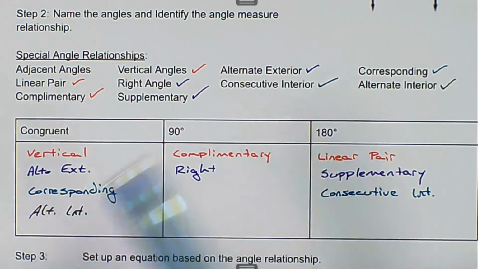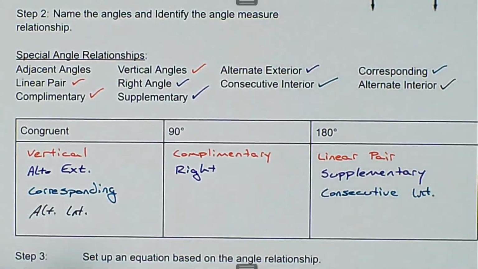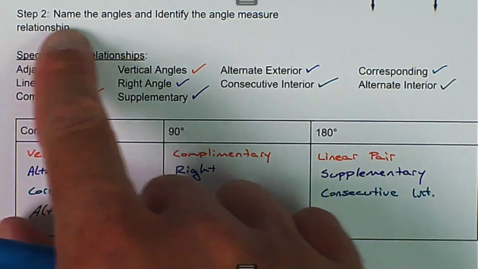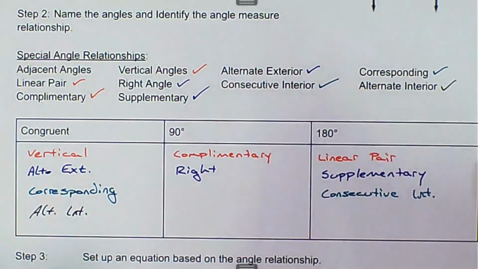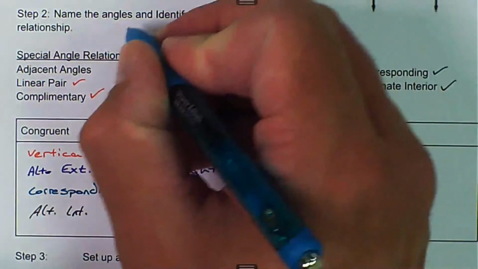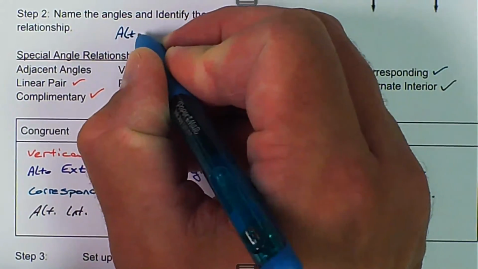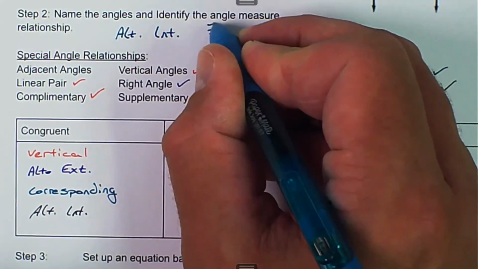So alternate interior, those are congruent. So name the angle and identify the angle measure relationship. In this case, we don't have a name for them, but we can say that these are alternate interior, and these are congruent.